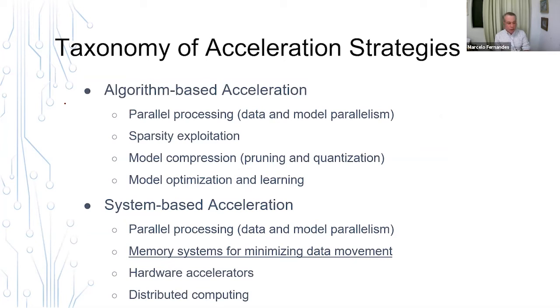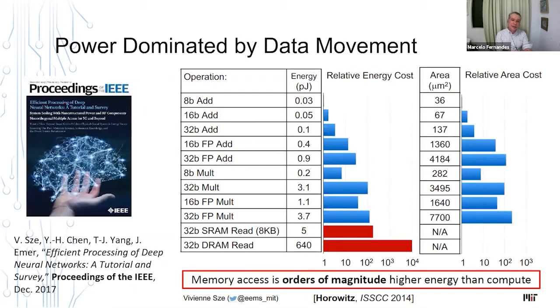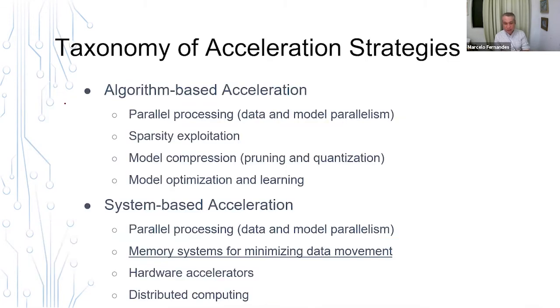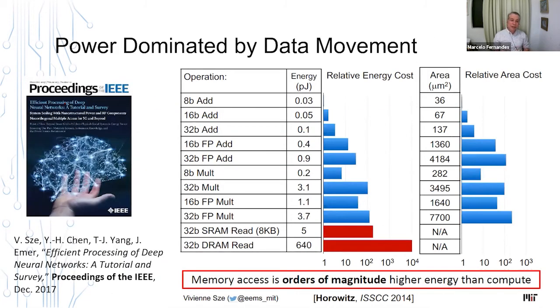So another way to make an accelerating strategy is the memory system, because you can see from this picture that much of the power consumption is associated with the data movement between processor and memory. If you reduce this movement, you can reduce the power consumption. So this is the idea of data movement optimization.